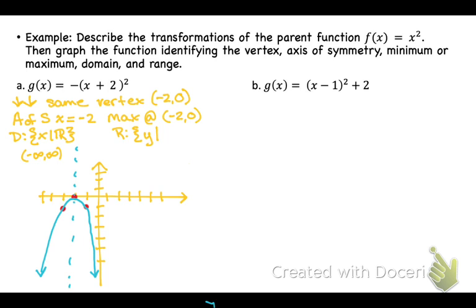So y is less than or equal to 0 as it goes down. And if I want to write it in interval notation, can it be equal to 0? Yes. But you always start at the smallest. So negative infinity to 0 and put a bracket. Either one of those you should be able to read. That's interval notation.